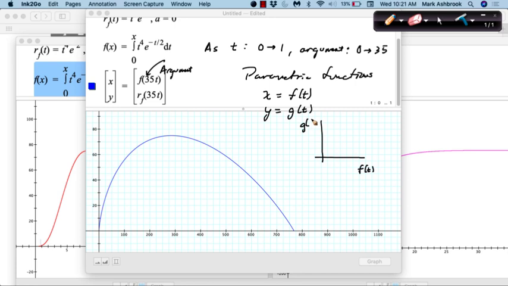And we graph f of t and g of t. t is called the parameter, but it's better termed our independent variable.